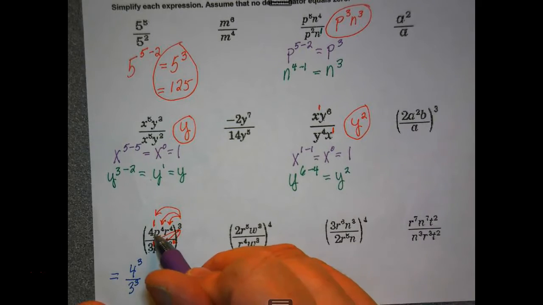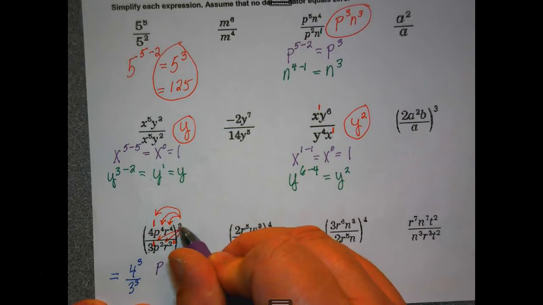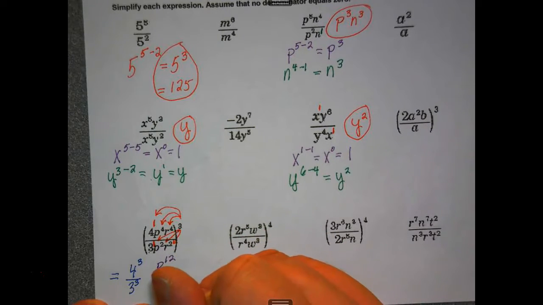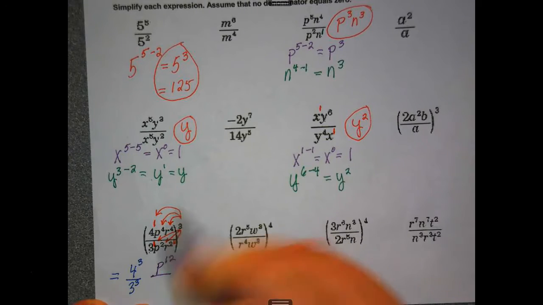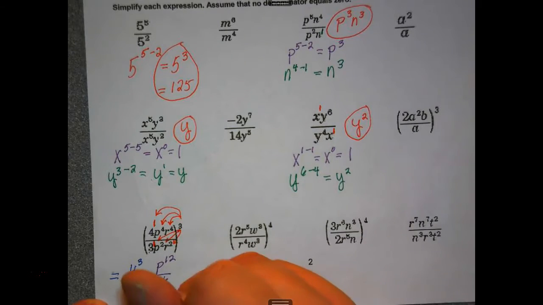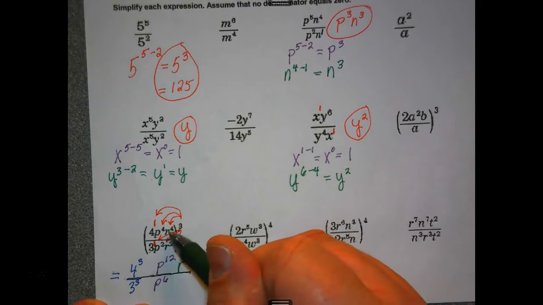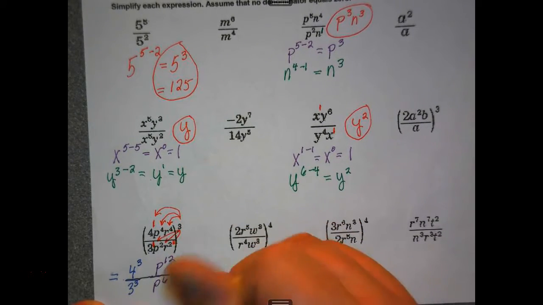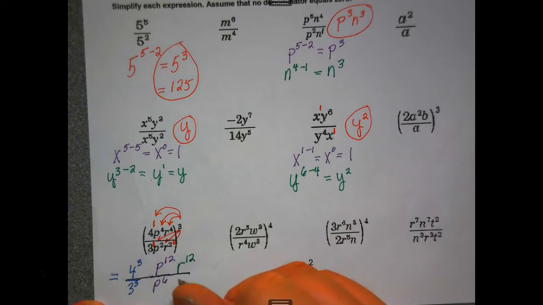Then I have p to the 4 times 3 is 12. p to the 2 times 3 is 6. In fact, I'm just going to put this all over the same fraction. r to the 4 times 3, 12. r to the 2 times 3 is 6.